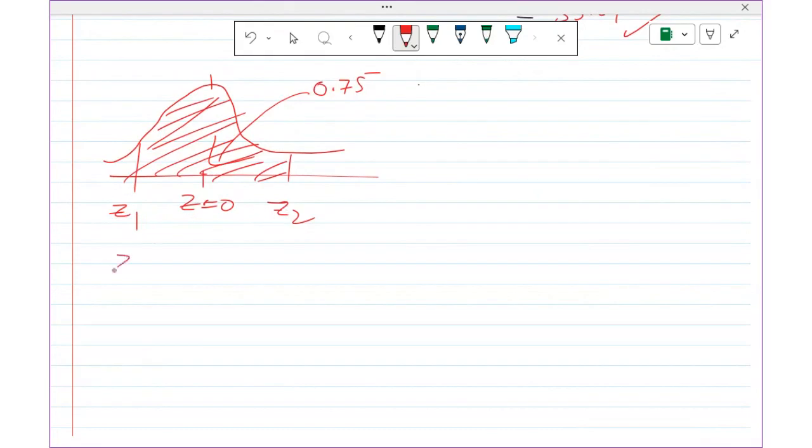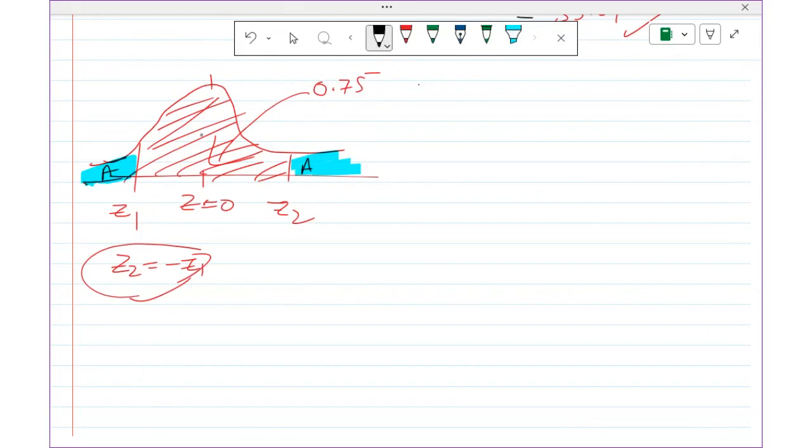It means Z2 is equal to minus of Z1 because they're asking the middle area, the central area. Okay. So because these two are equal and opposite, it means this area on the right side and this area on the left side will be equal. Okay. So let us call this A and this also A.